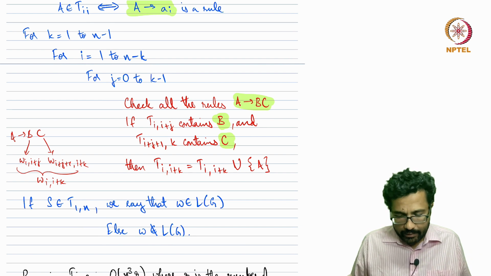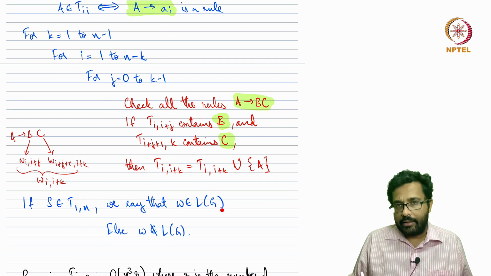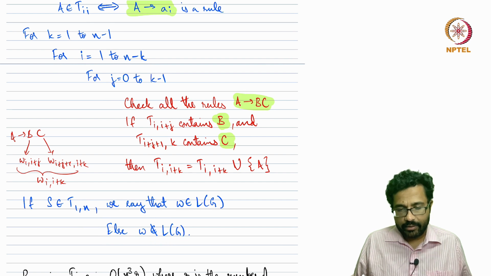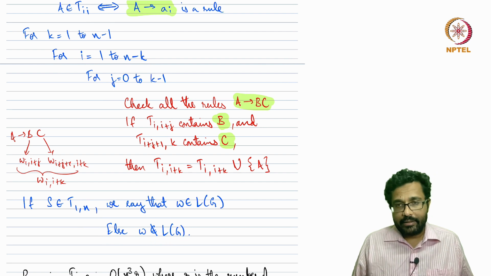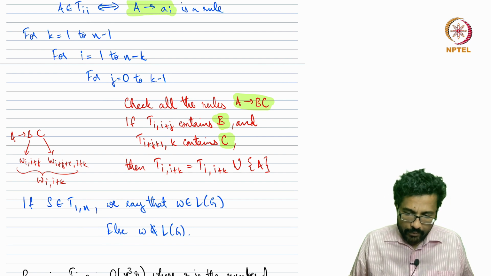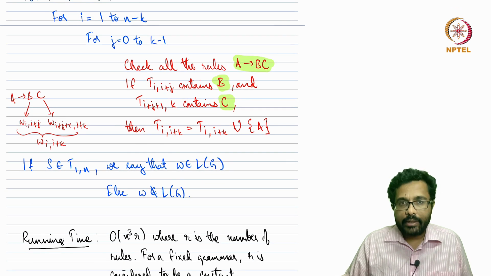Then we check whether the start variable is in that set. If it is, we say that w is generated by this grammar. If it is not, we say that w is not generated by this grammar. So this is the high level picture. Things will be clearer once we work out an example.